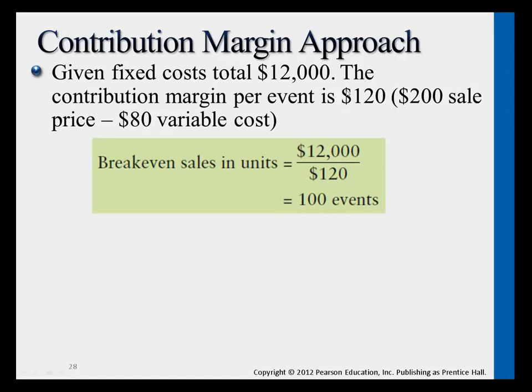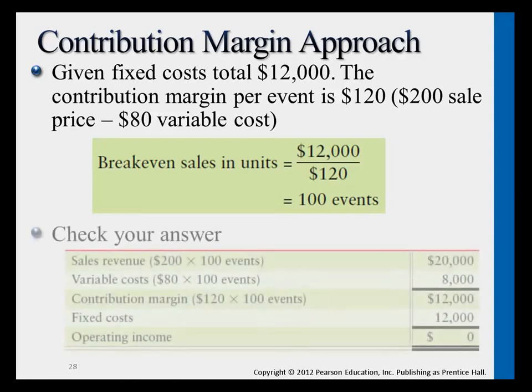So what is $120? Just to remind you, we said that the sale price is $200 and our variable cost is $80. So we subtract those two and we get the contribution margin per event. Okay, so how do we calculate the break-even sales units? 12,000 we divide by 120, and here we find that to break even we need to book at least 100 events.